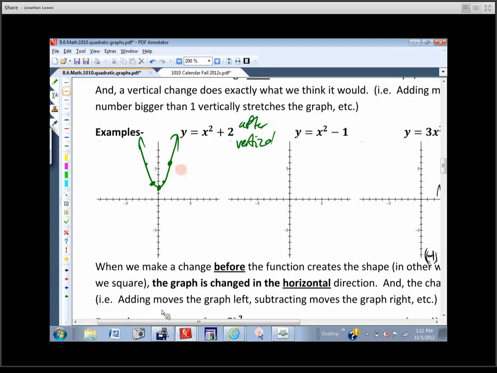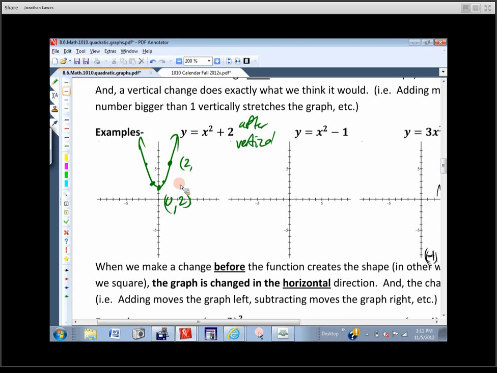Okay, I'm going to label each one of these. If this is 0, 0, it used to be, I moved it up 2, so that's 0, 2. If I go over 2, what's my new x coordinate for this point right here? Well done. What's my new x coordinate for this one right here?